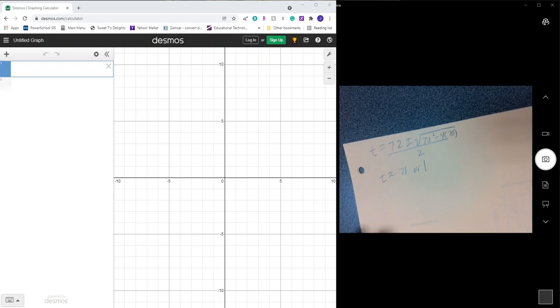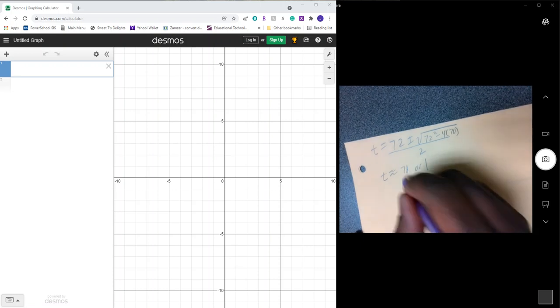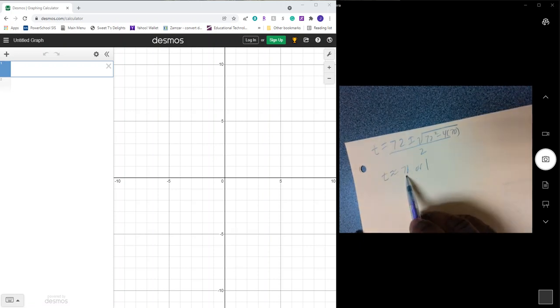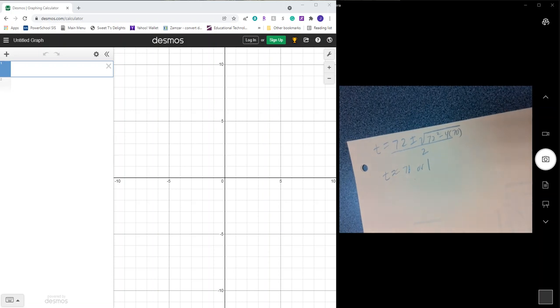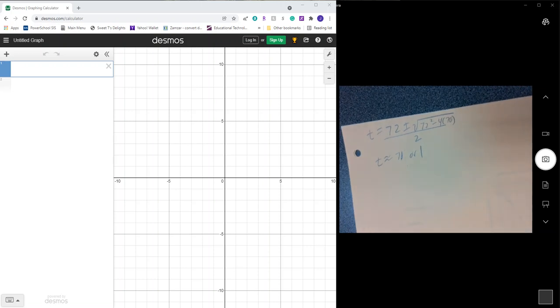Okay, now if you look at this here, we know that these are in minutes. It's either 71 minutes or 1 minute. Now we know that the supervisor takes a longer time to buff the floor than the custodian, and t is the amount of time for the supervisor. So it wouldn't make sense that the supervisor could do it in 1 minute, but when they work with the custodian, it's 35 minutes and the custodian works faster.